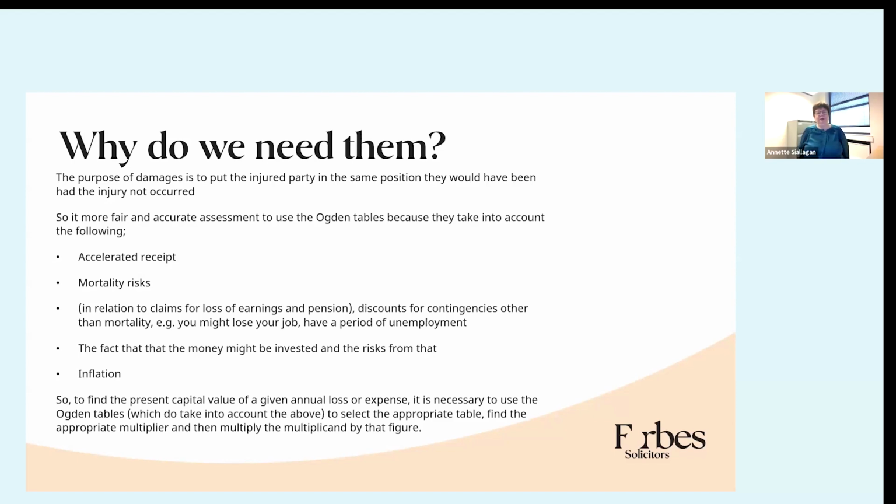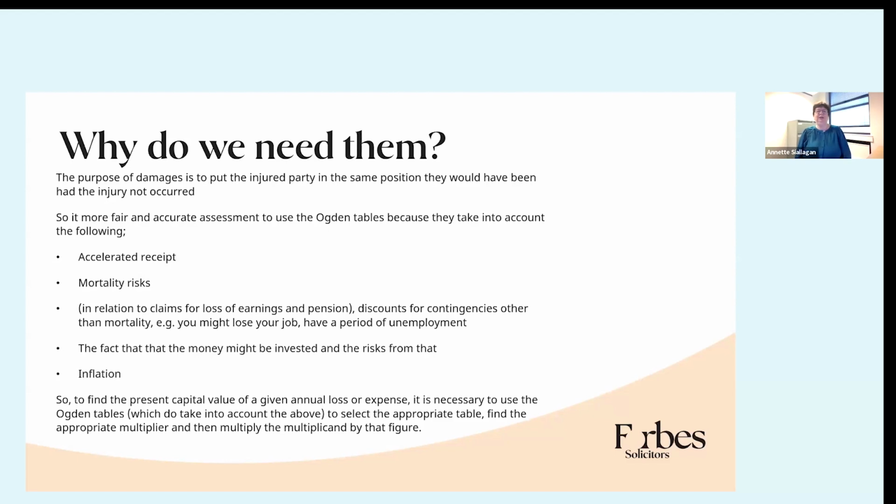So really, the Ogden tables take into account the fact that you will be investing the money, and not only that, that you've got accelerated receipts for something that you wouldn't normally get for quite a few years. For example, with pension loss, you wouldn't get your pension until after a certain date, but you're getting it early. So the tables take into account that. So you can't just apply a simple number of years.